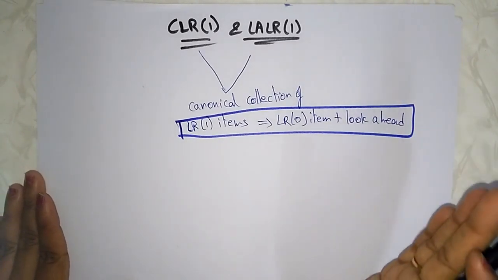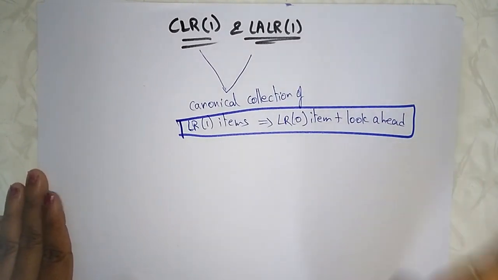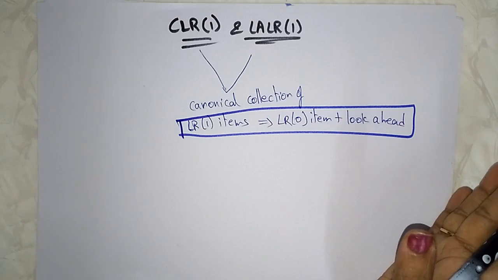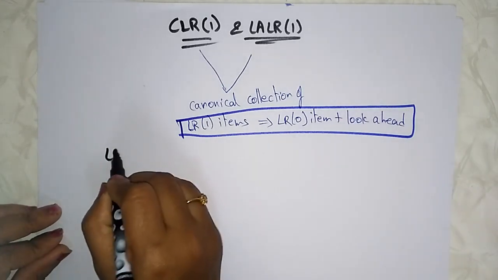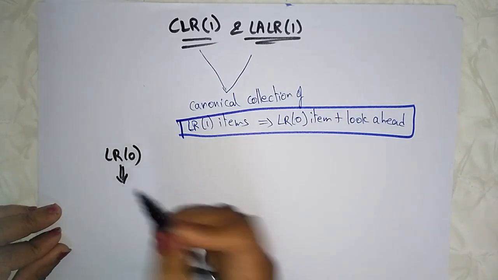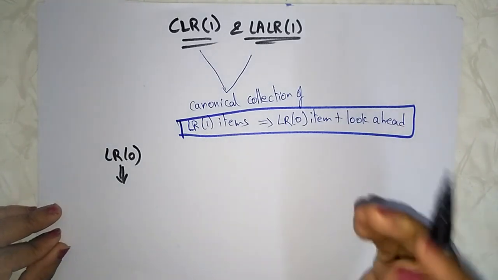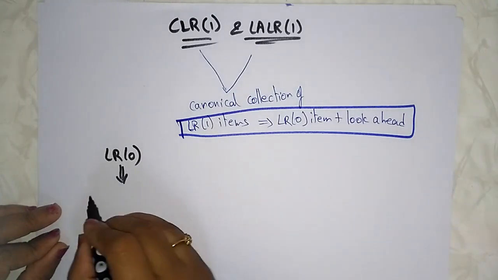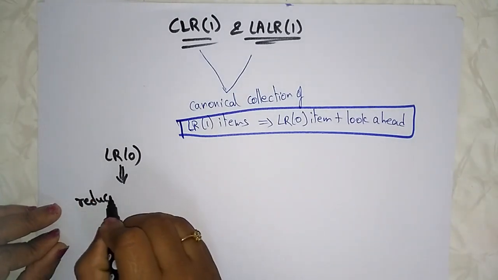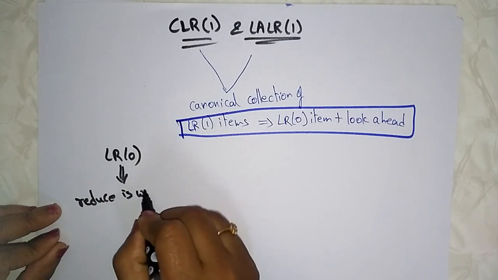For constructing the table, that is the only difference for all four parsing tables. LR(0) writes reduce in the full row.